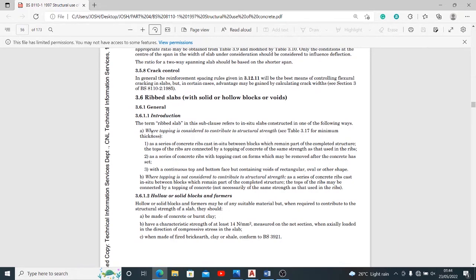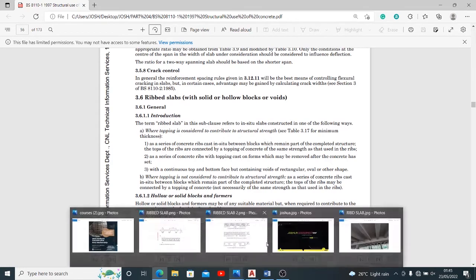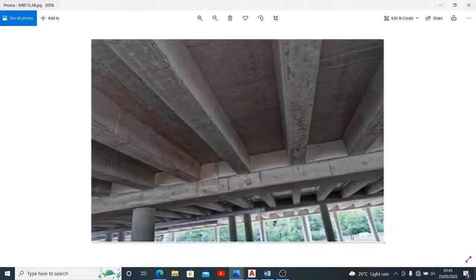If it is without permanent blocks, it can be such like I showed to us here. You can see that the void is just there, nothing filling that space between two successive ribs, right? That's exactly what I'm trying to say.